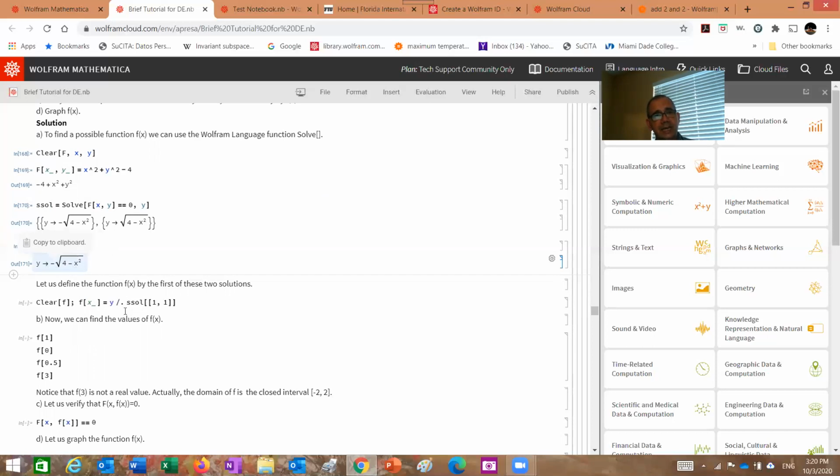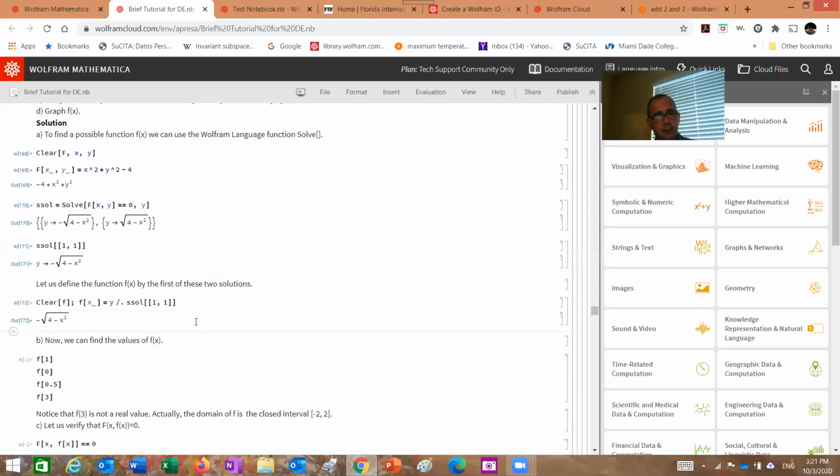And the rule says that the y is replaced by what? By minus the square root of 4 minus x squared. This y must be replaced by that only at this moment. It means we press Shift Enter, and you get the expression for that function.